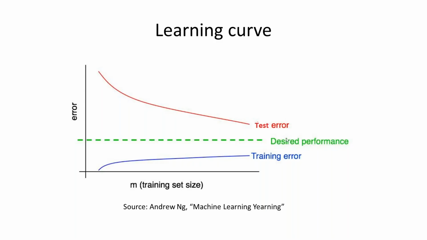And meanwhile, the error rate on the test set decreases. So how much is enough is determined by where these two curves kind of intersect, or where they stop improving. So at some point, the test error doesn't decrease anymore, and you know that that's where you have enough data.